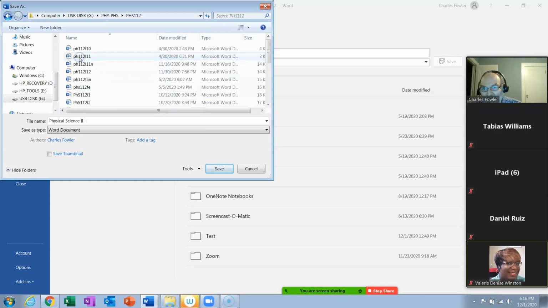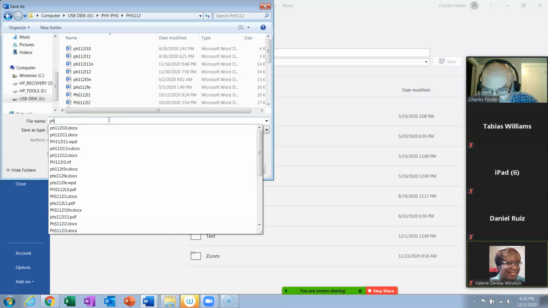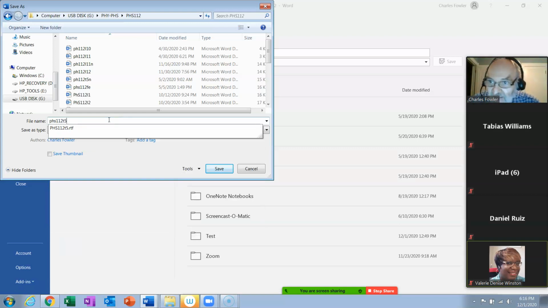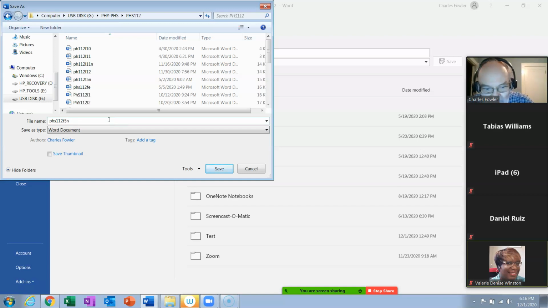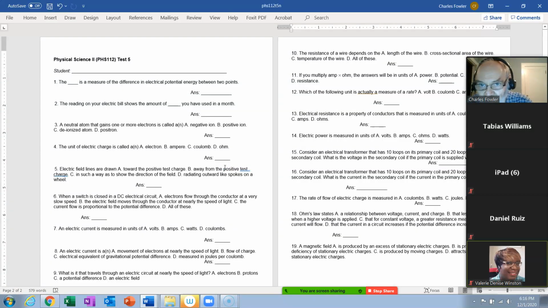Okay, getting closer. File name will be PHS112 test 5. I don't want it RTF. I'll put new. Now, save. All right, I think it's saved now.